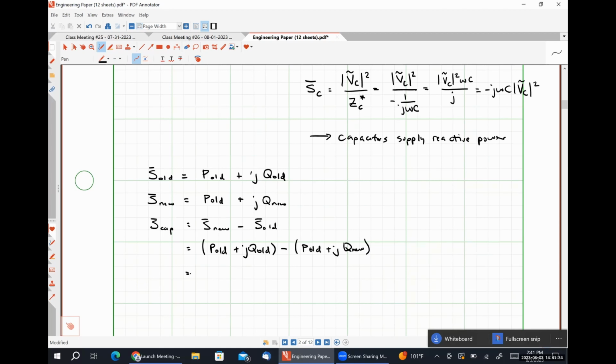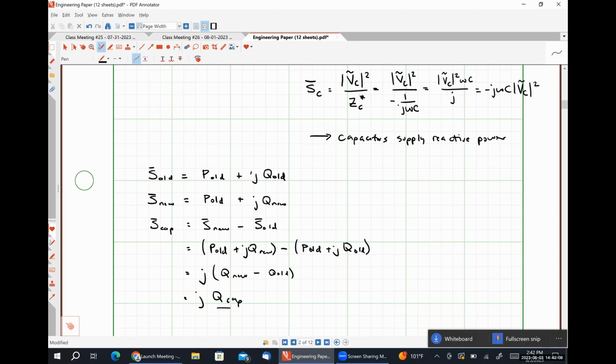The P olds are going to cancel each other out, and we are just going to have j times Q old. Sorry, I got this backwards. New should go here. Old should go here. Q new minus Q old, or jQ capacitance.